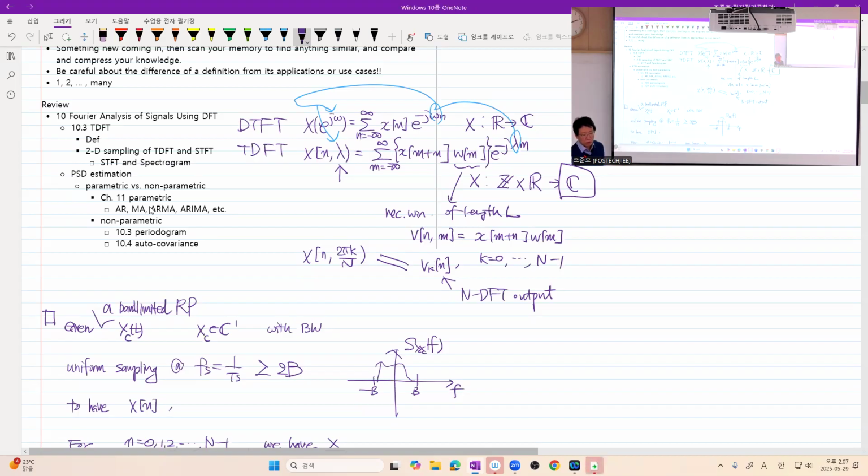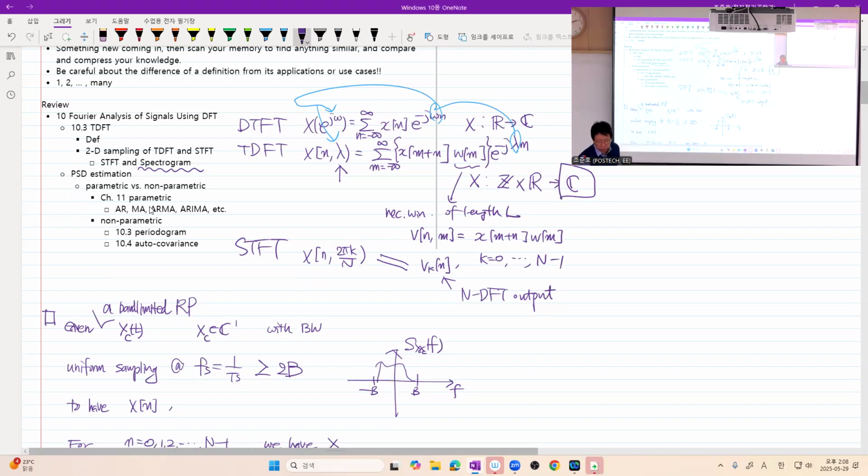And moreover, we take 20 log of the magnitude. In that case, we call the output the spectrogram. Got it? So the DTFT is a transform. The short-time Fourier transform is a kind of discrete sampling of the DTFT, and 20 log base 10 of the magnitude of the short-time Fourier transform is called the spectrogram. Got it?